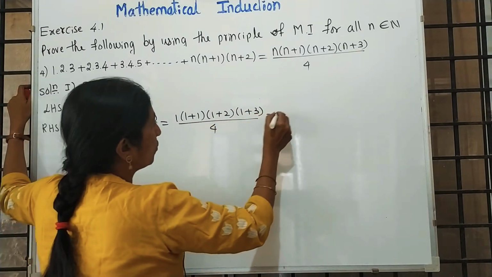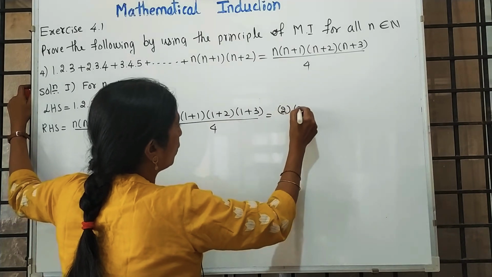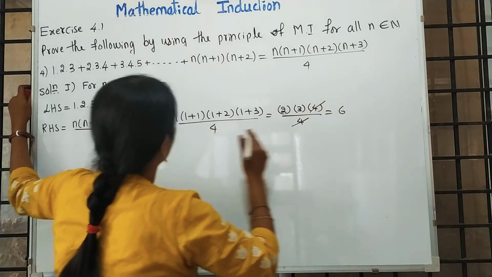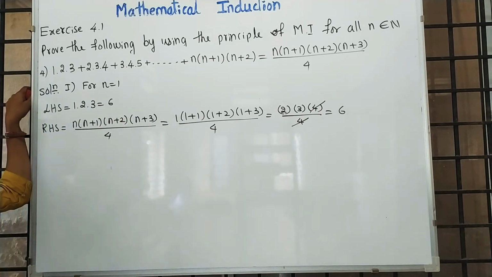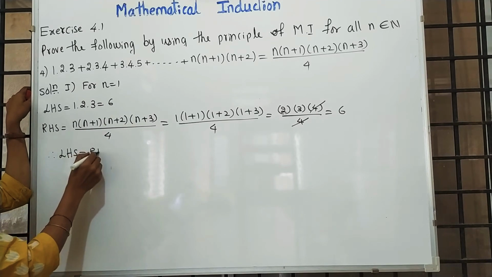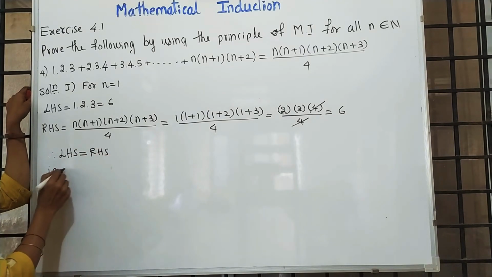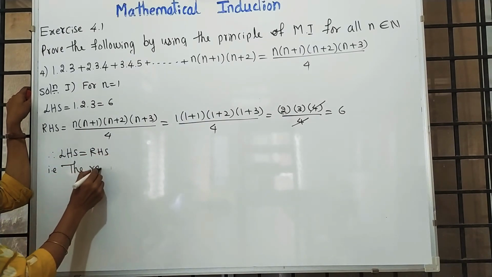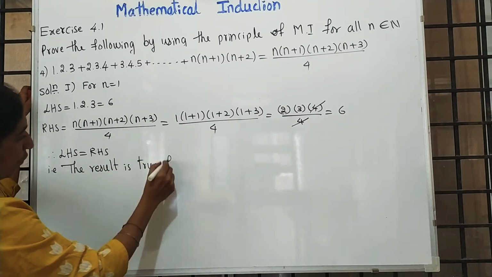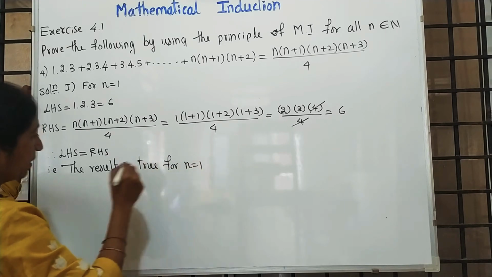So, it is 2 into 3 into 4 divided by 4. 4 gets cancelled, 6. Here we got 6 and right side is also 6. Therefore, LHS is equal to RHS, that is, the result is true for n is equal to 1.